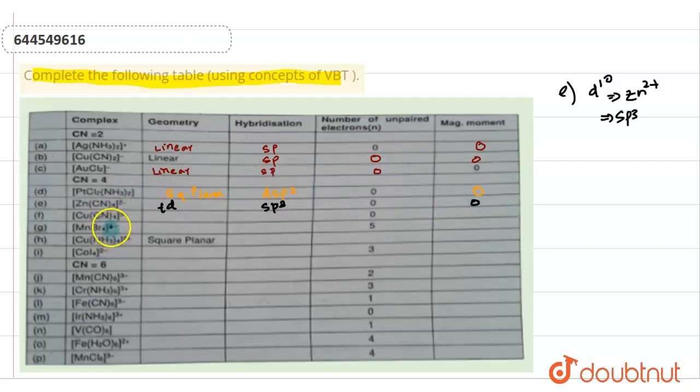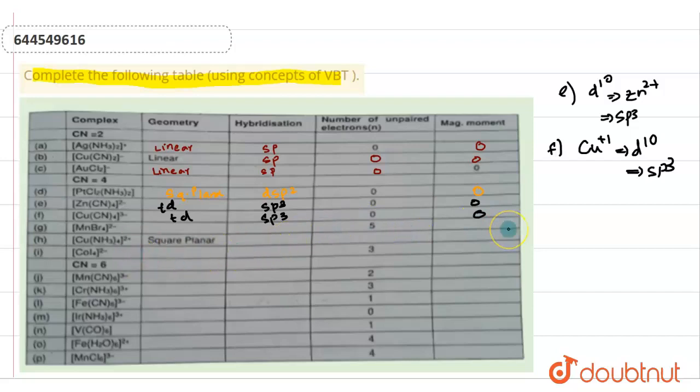Next is [Cu(CN)4] 3 minus. Cu will be in the +1 oxidation state, which is a d10 system. So it will again have sp3 hybridization. It will be tetrahedral sp3, 0 unpaired electrons and 0 magnetic moment.